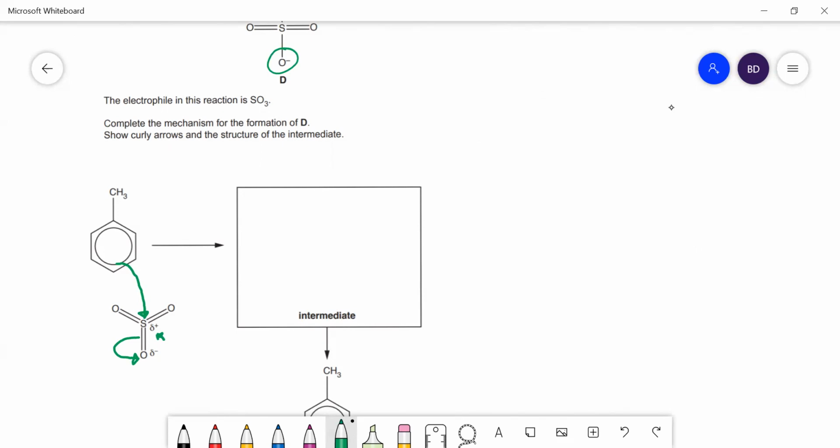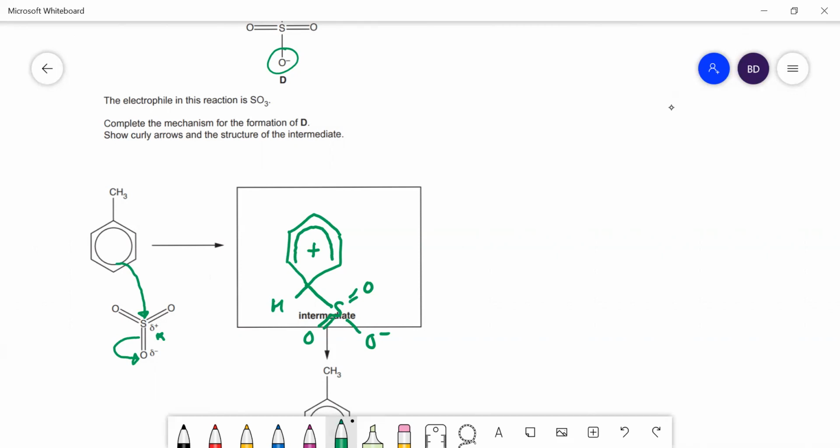Okay, so the intermediate is going to look like this. Now we normally draw the H on there, don't we? And then you've got that's our intermediate. The delocalized system of the benzene ring has been partly broken, and it's going to have a positive charge on that ring there.